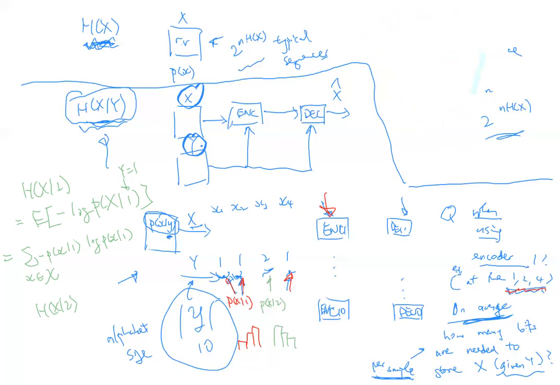If I have a small y, H(X given small y) is, for the times when y is equal to small y, on average the number of bits required. Now, how much information on average is needed to store x? It will be a weighted sum by the probability of y.